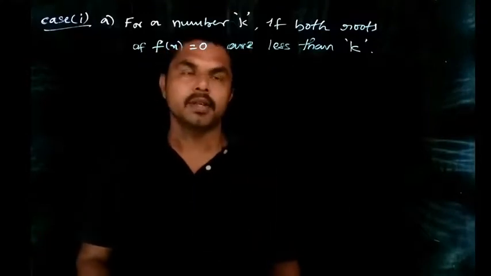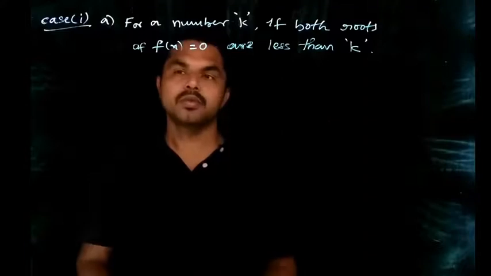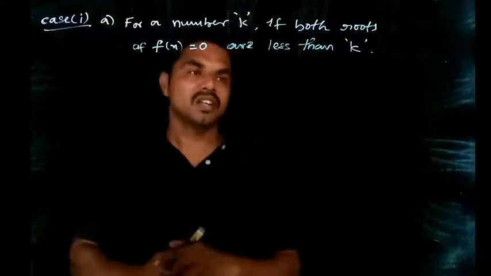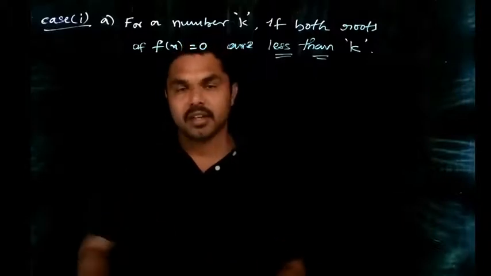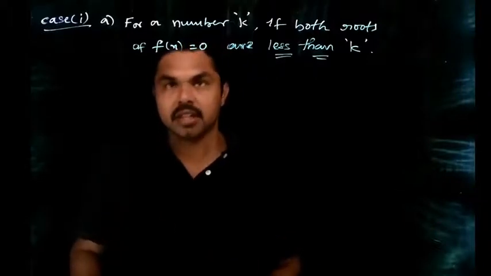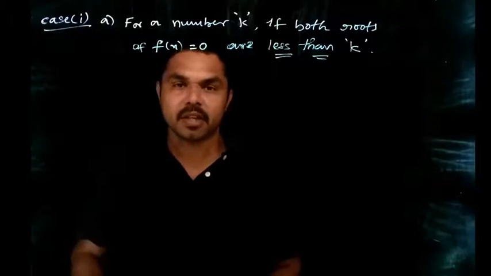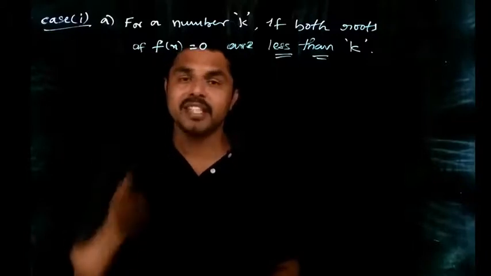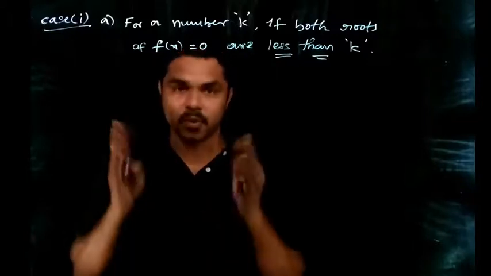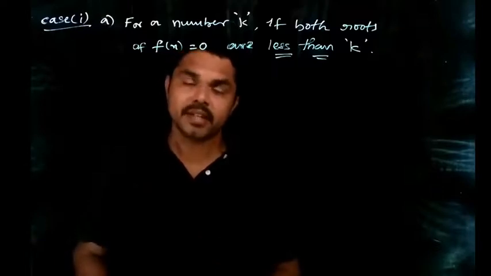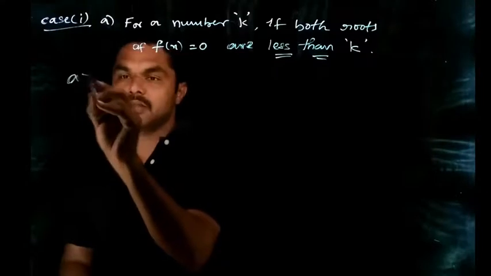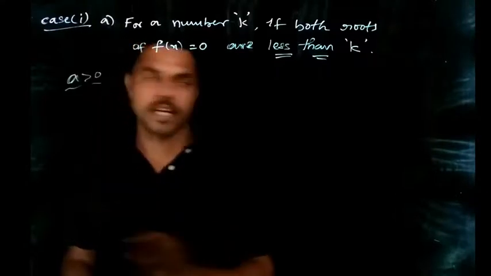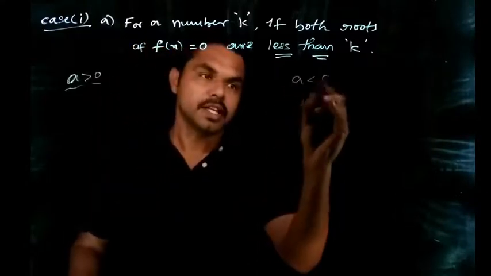For a number k, if both roots of f(x) = 0 are less than k. In the last video, I already discussed that for the expression ax² + bx + c, if a is positive the parabola opens upward, and if a is negative the parabola opens downward. So here we have 2 separate situations, a greater than 0 and a less than 0.